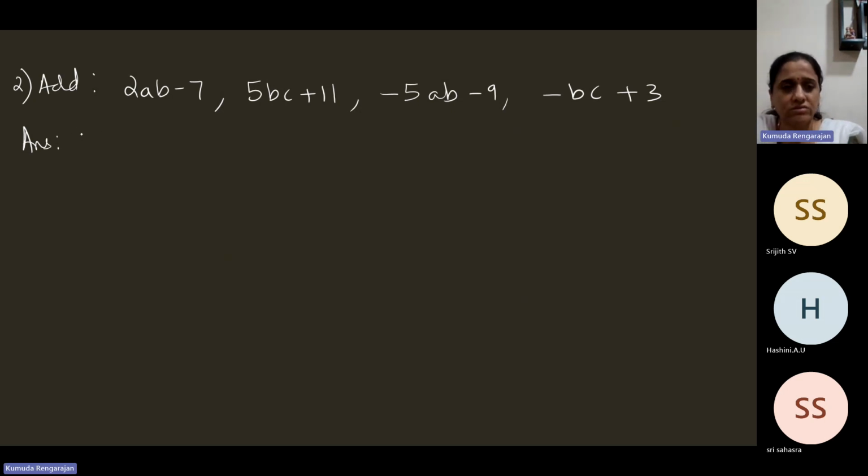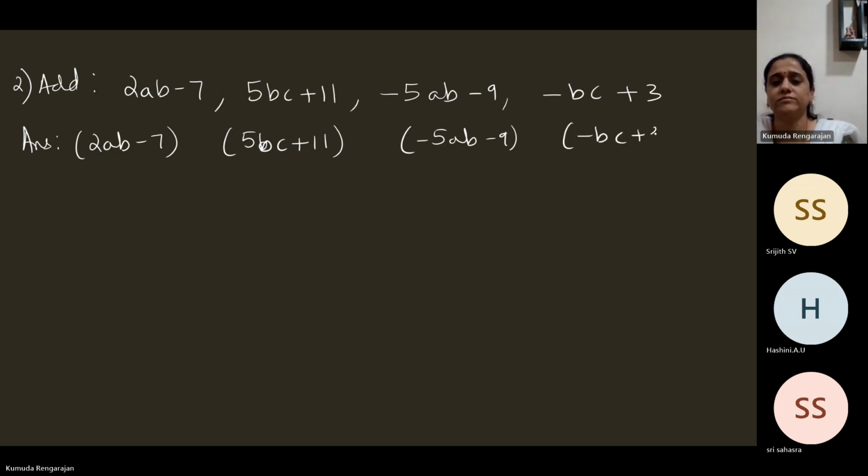So horizontally means, see here, 2ab minus 7. Write all the expressions in a bracket. And because it is add, you need to connect them with a plus sign.